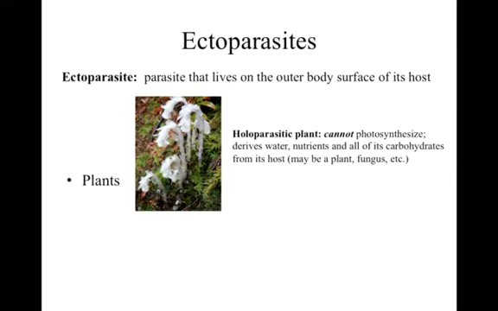Plants can also be ectoparasites. One good example is what we call holoparasitic plants. These are actually plants that cannot photosynthesize. So they get their water, nutrients, and all of their carbohydrates by living on the outside body of a host. Sometimes that's a plant, sometimes it's a fungus, and then they suck all that they need out of the host.